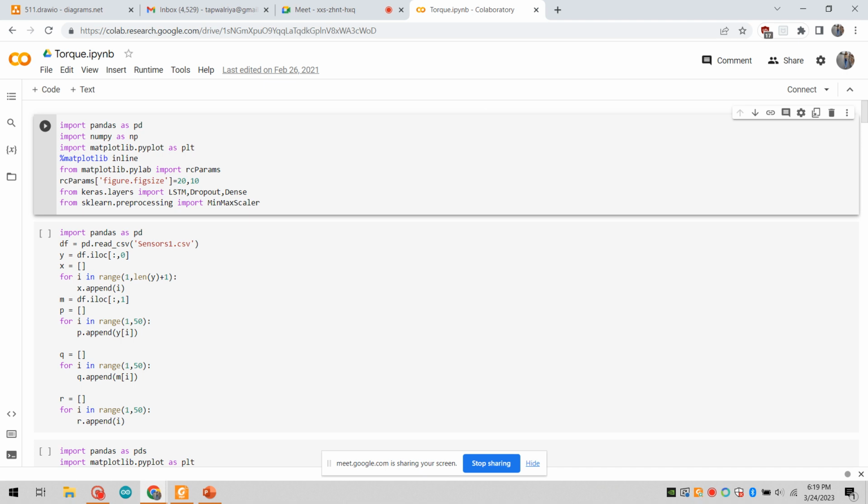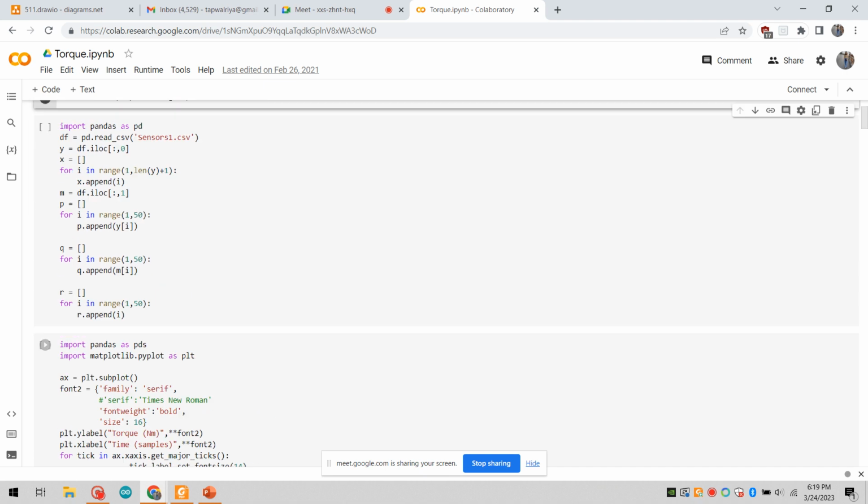So first of all, here I have read the CSV file, that is your sensors1.csv, and I have stored the values of different columns of this CSV file into different arrays.